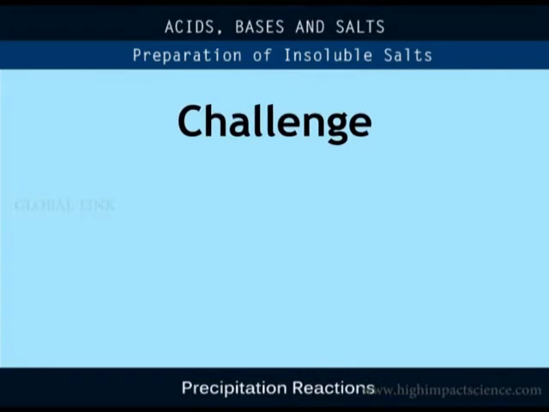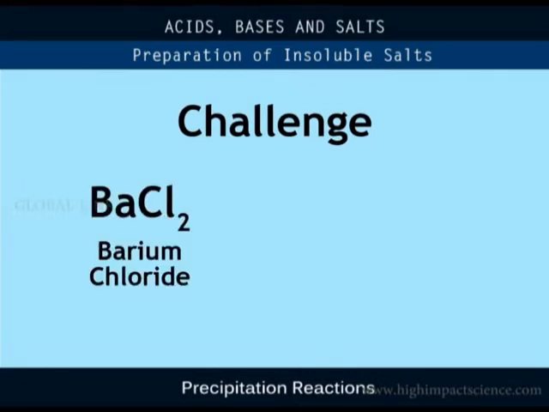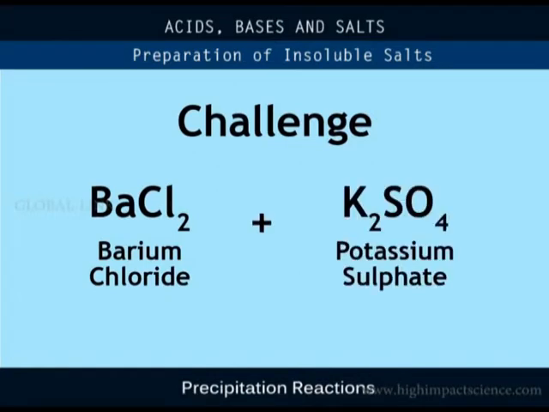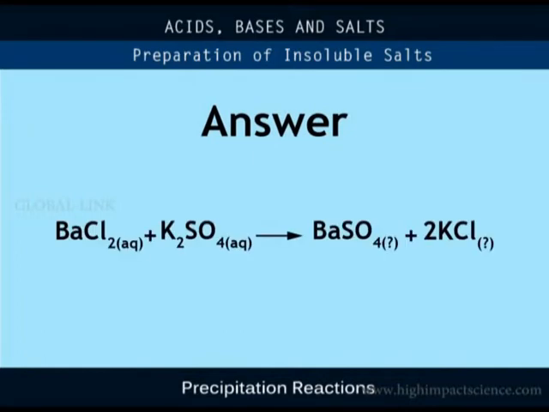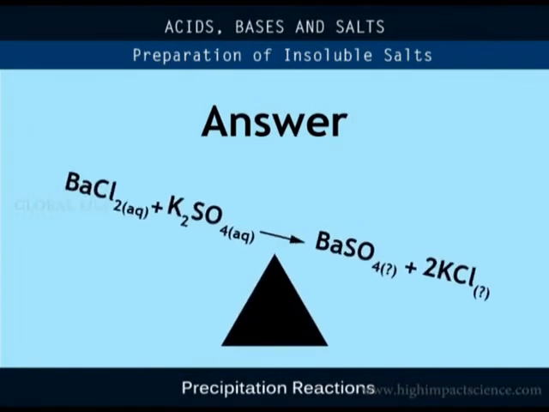Now, can you predict the products for the double displacement reaction between barium chloride and potassium sulfate? Remember, the state symbols are very important. Here is the equation. It appears balanced.